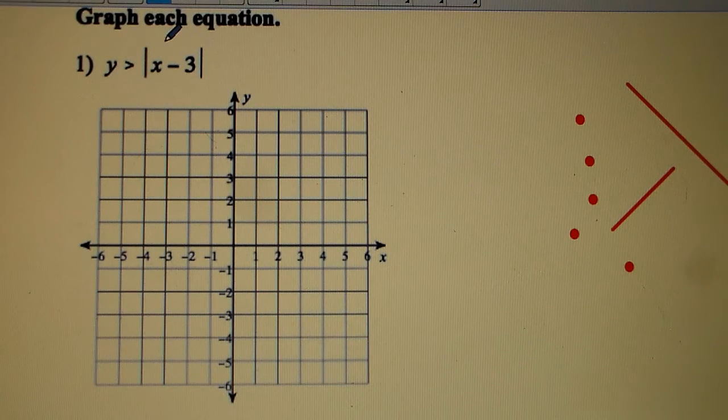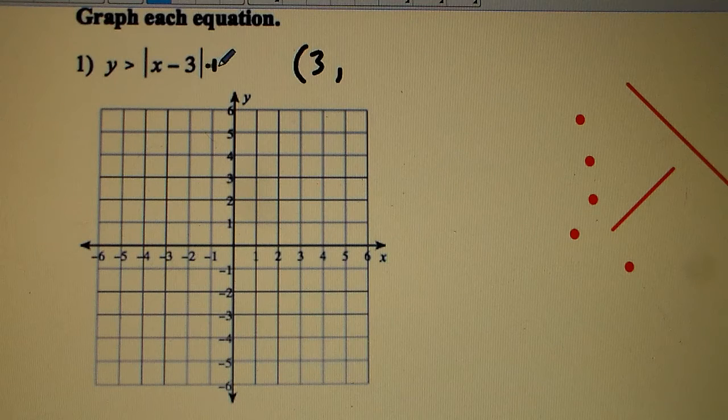Now to graph this, we have to remember how to graph absolute values. We could first just type it into our y equals calculator, or we could just remember that to find the vertex, we do the opposite sign that's inside the absolute value bars. So x minus 3, well, the opposite of minus 3 is positive 3.